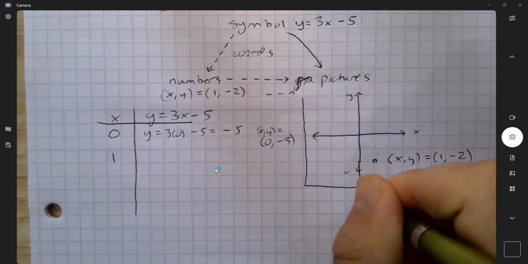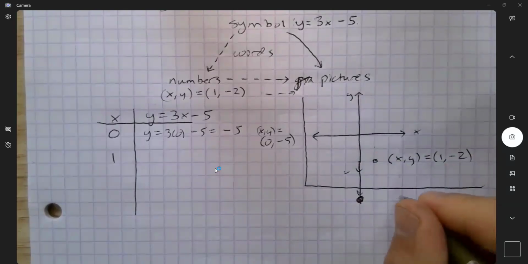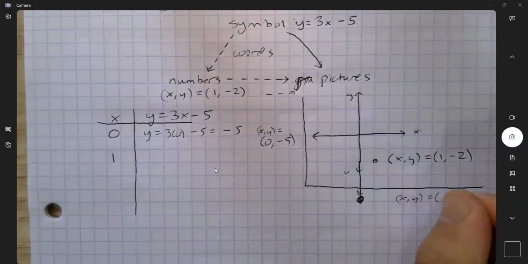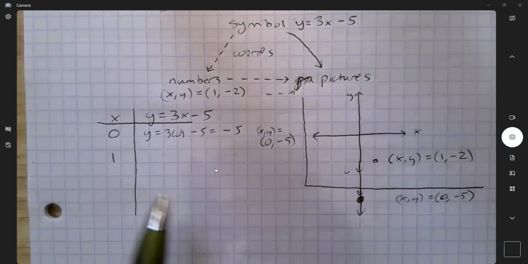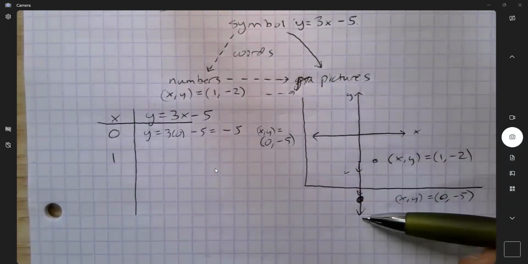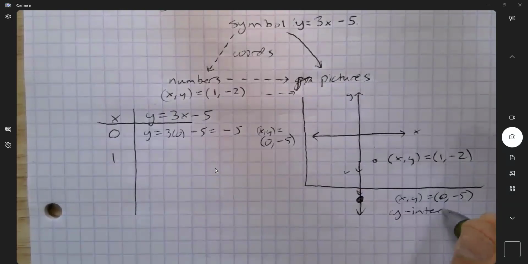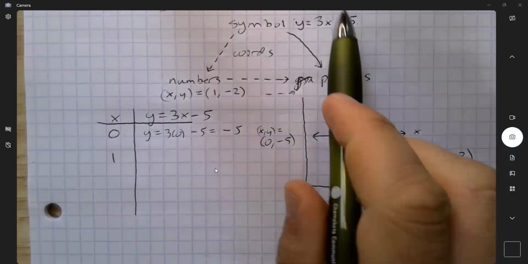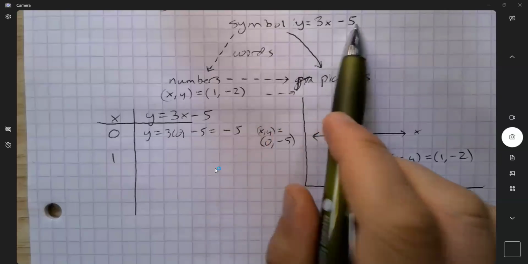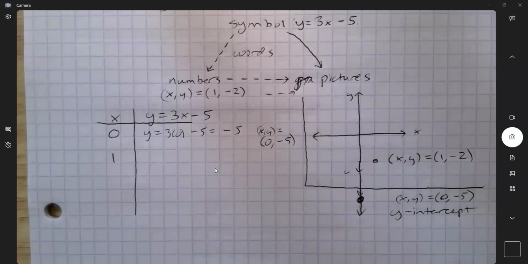It's all the way down here. Kind of cut that off, but there it is. This is the coordinate point 0, -5. Notice that the x value is 0 and it's on my y-axis. This point is called the y-intercept because it's where the equation will eventually cross or intercept the y-axis.